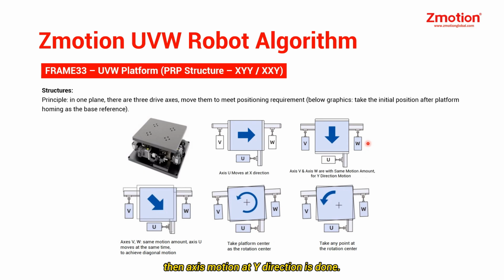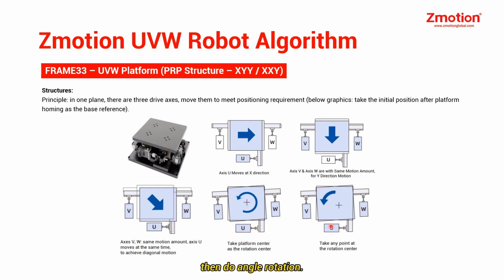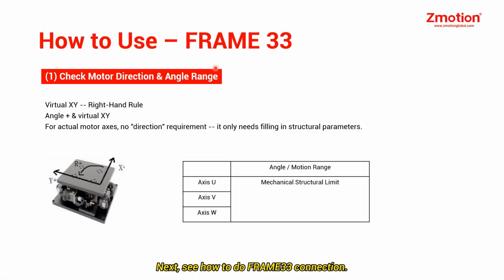Then axis motion in the Y direction is done, also with axis V and axis W having the same motion distance. At the same time, axis U moves. Then, axis motion in the diagonal direction is done. In UVW 3-axis linkage, UVW obtain different values given by a special formula, then do angle rotation.